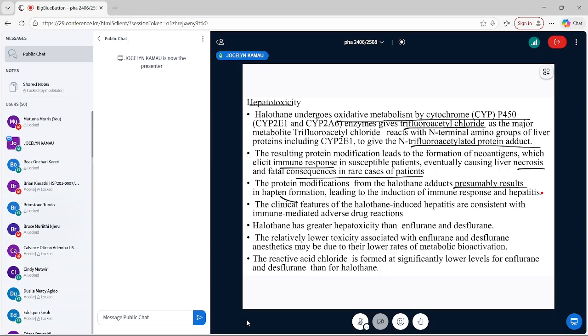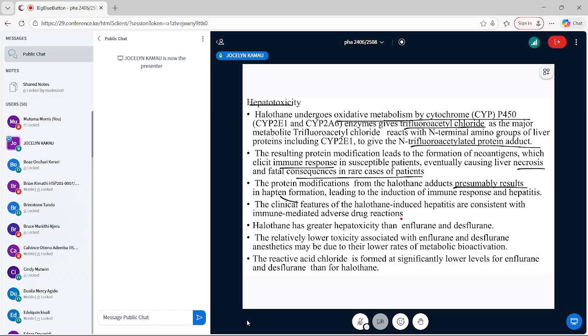Then the molecule that is formed, the hapten, is big enough to trigger an immune response. And that is how these compounds bring about their toxicity. This is happening in the liver because that is where the metabolism of this compound occurs.